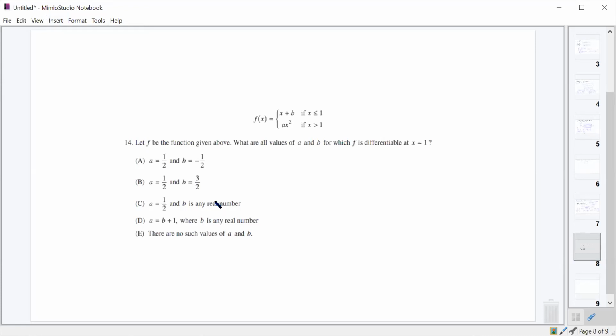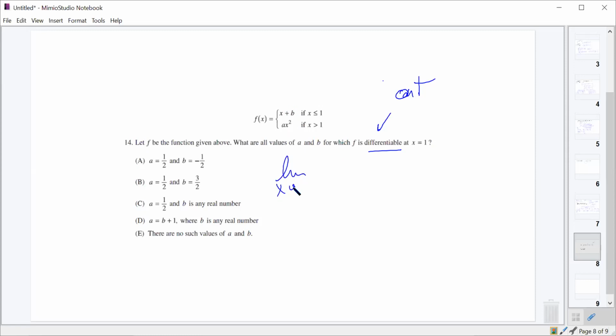We've got this function f of x equals x plus b if x is less than or equal to 1, and ax squared if x is greater than 1. We want to find all values of a and b for which f is differentiable at x equals 1. Well, if f is going to be differentiable, it also has to be continuous. So we need f to be continuous at 1, and we need f to be differentiable at 1. If it's going to be continuous at 1, the limit from the left has to equal the limit from the right.